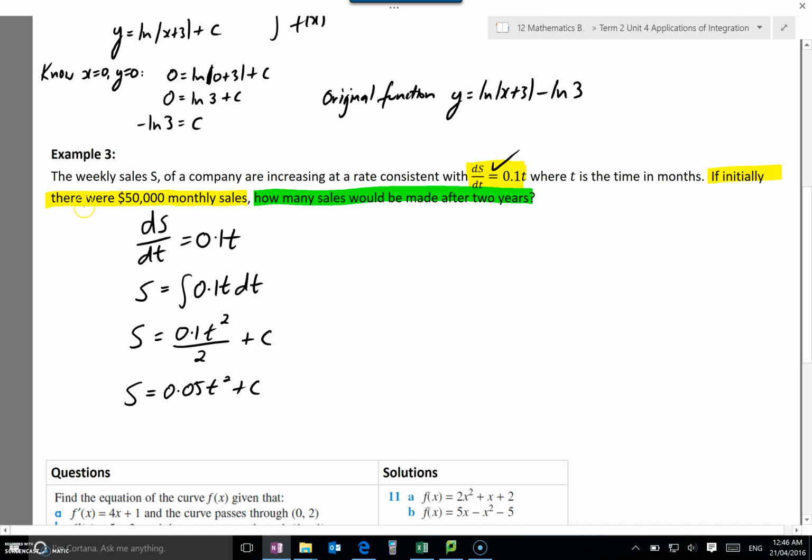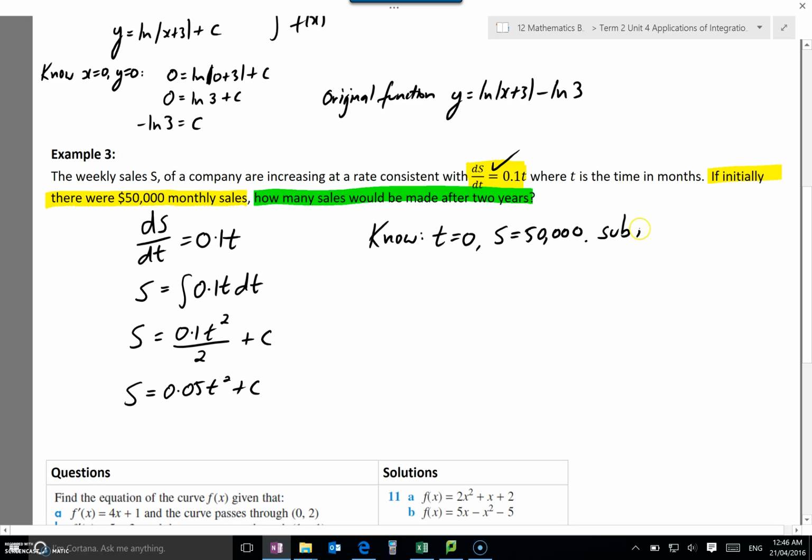If initially there were 50,000 monthly sales, so I know that when t equals 0, s equals 50,000. I'll substitute these values in to try and find c.